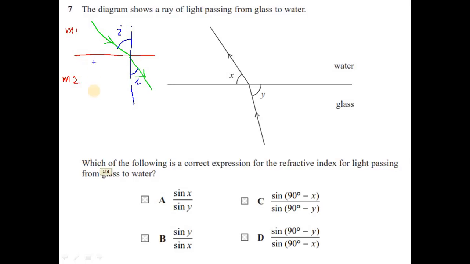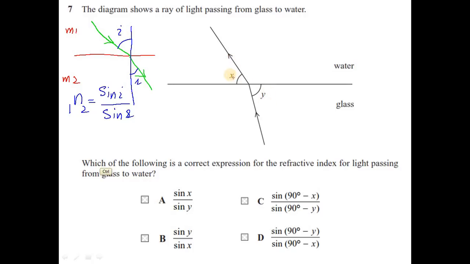If you have two media of different refractive indexes, then the refractive index from medium 1 to medium 2 is n equal to sine of I divided by sine of R. This is the formula for two media of different refractive indexes, from n1 to 2, sine of I over sine of R. If you see this diagram, this is your incident ray, this is your refracted ray.